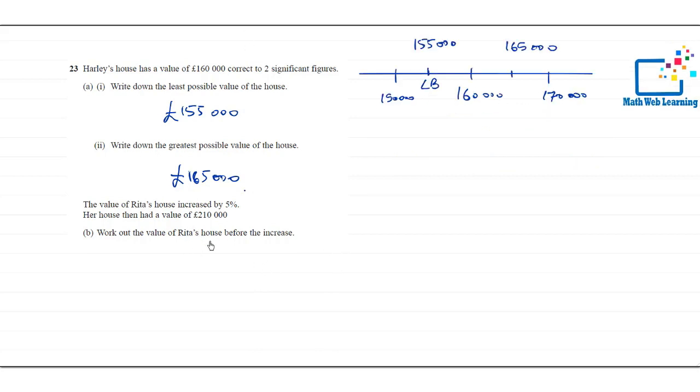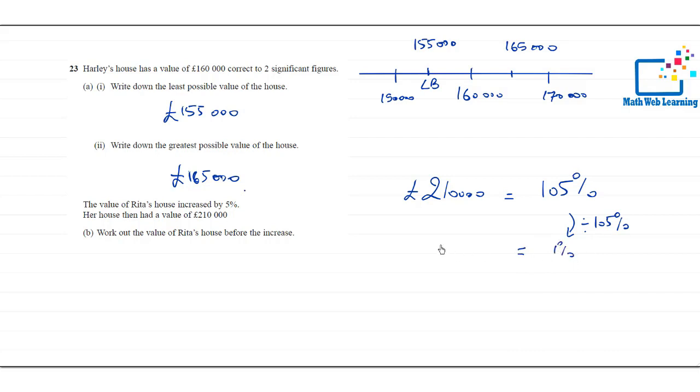Now this price here, 210,000 pound, represents 105%. So to work out the original price or value of the house, you need to calculate 100%. What we do in 2 steps, we divide by 105, the easiest method, because this is a calculator, to get 1%.